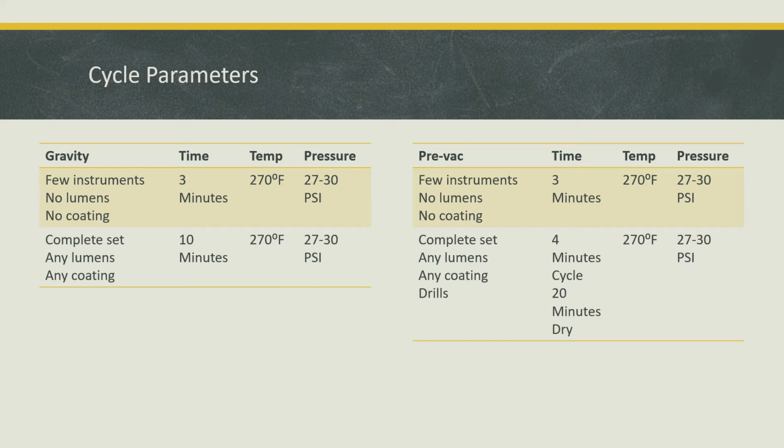So let's look at the cycle parameters, and this is what we're going to be verifying on the mechanical readout of an autoclave. And we call it a mechanical readout because most of them type out or print out on a printout, but in some of the older autoclaves, and I remember seeing some of these, you had a temperature time graph, which was a circular piece of paper covering 24 hours.